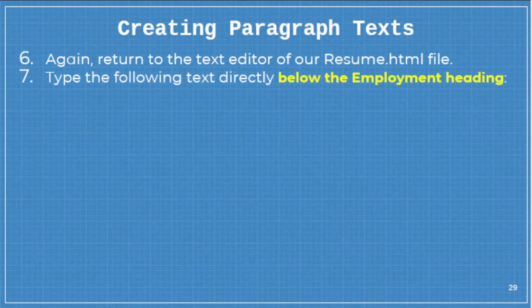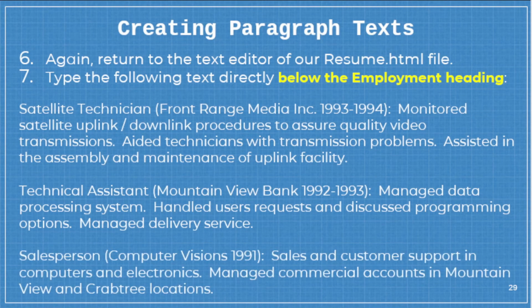You're going to type these 3 paragraphs. Satellite technician, monitored. Hit that pause button and type these things. I know you're a very good typist, so you can type this in a few seconds or a minute.